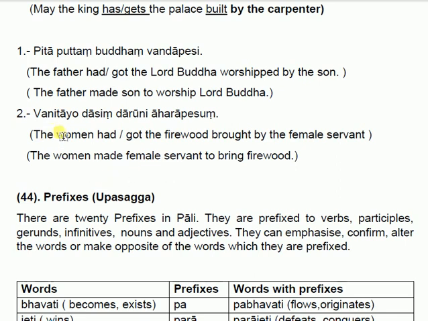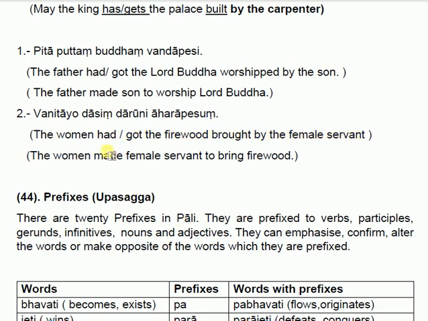Vanitayo, the women; dasing or dasina, by the female servant; daruni, the firewood; ahara pesum, had or got brought.